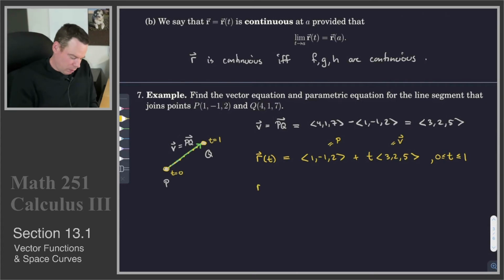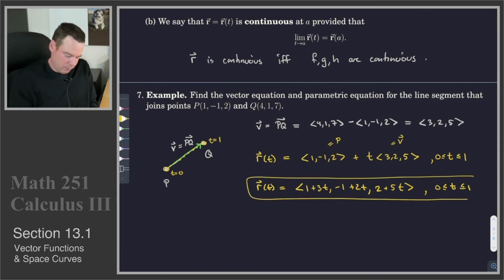So that means our vector equation for the line segment is 1 plus 3t, negative 1 plus 2t, and 2 plus 5t, where t ranges over the values from 0 to 1. So there's our vector equation.